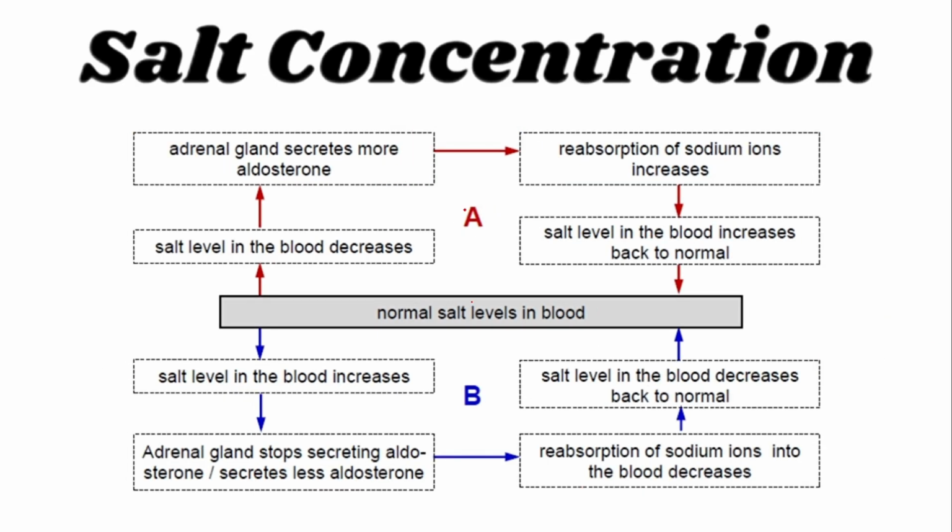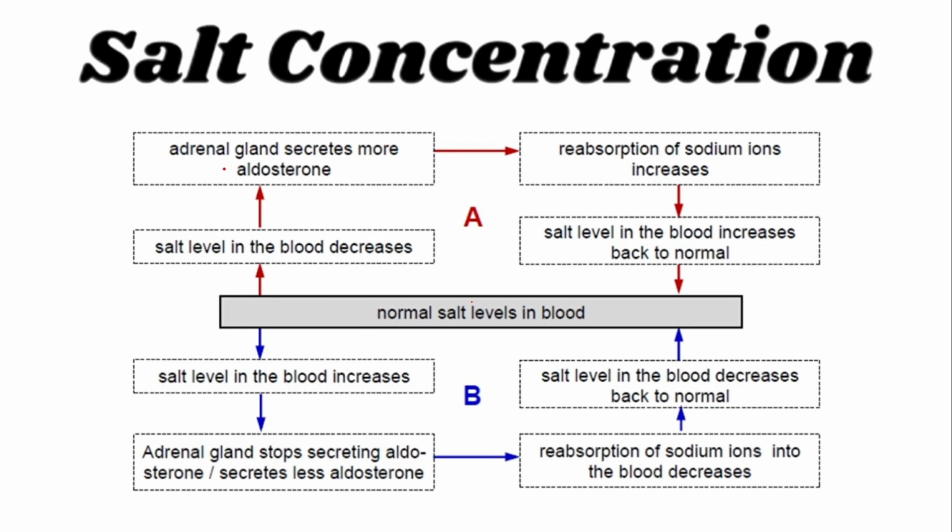So we also have salt concentration, and salt concentration involves the hormone aldosterone, okay? Now salt concentration and basically the balance of water, they have a relationship, okay? So they work like antagonistic hormones.